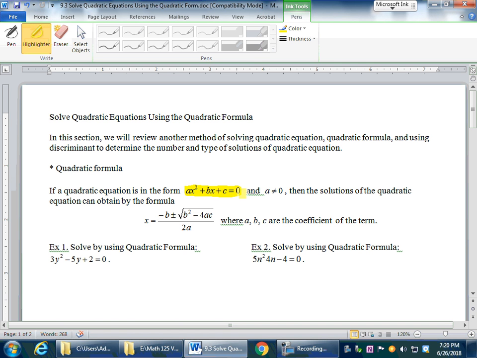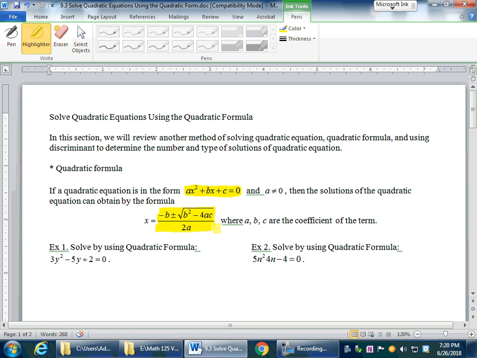So if the equation is ax squared plus bx plus c equals 0, the solution can be obtained by this formula: x is equal to negative b plus or minus the square root of b squared minus 4ac, all over 2a.